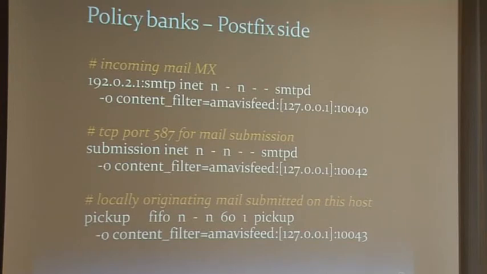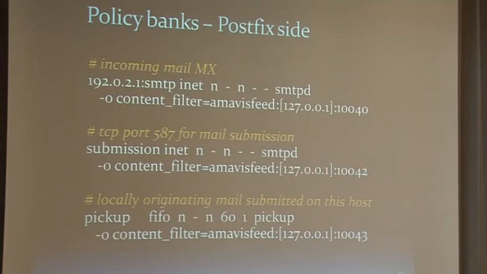On the postfix side, the trick to use is to let the content filter go to different TCP ports for different sources of mail, if you like. For example, on a submission port, you can say, instead of the global content filter, feed it to this dedicated port.